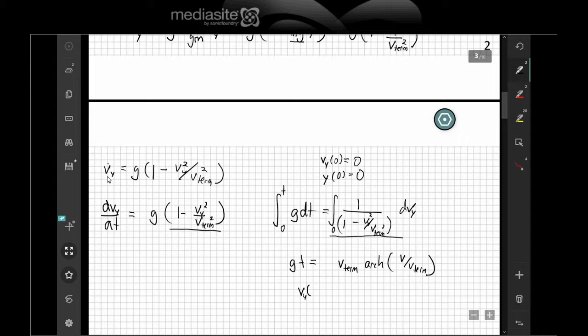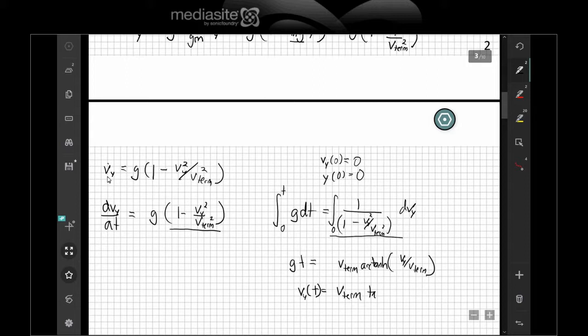This is Vy, using the notation we have. Vy of t is equal to V term times the hyperbolic, actually sorry, I made a little mistake. It's not an arctangent, it's a hyperbolic arc hyperbolic tangent. Okay.